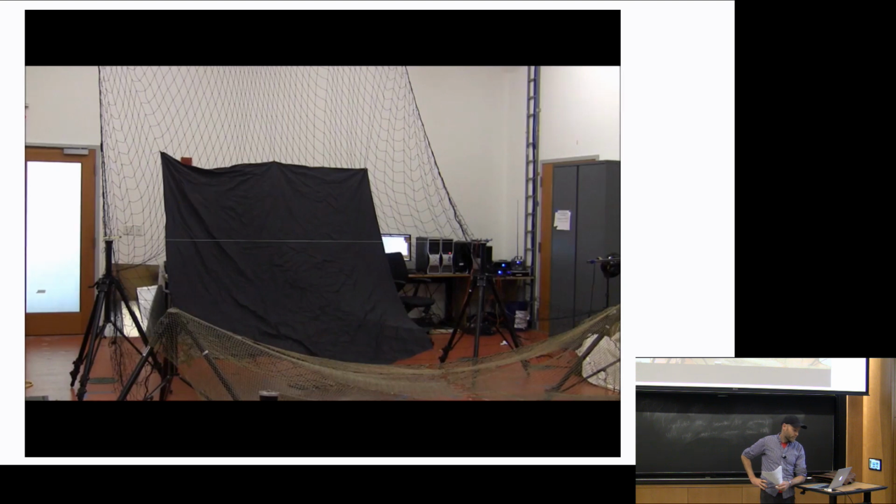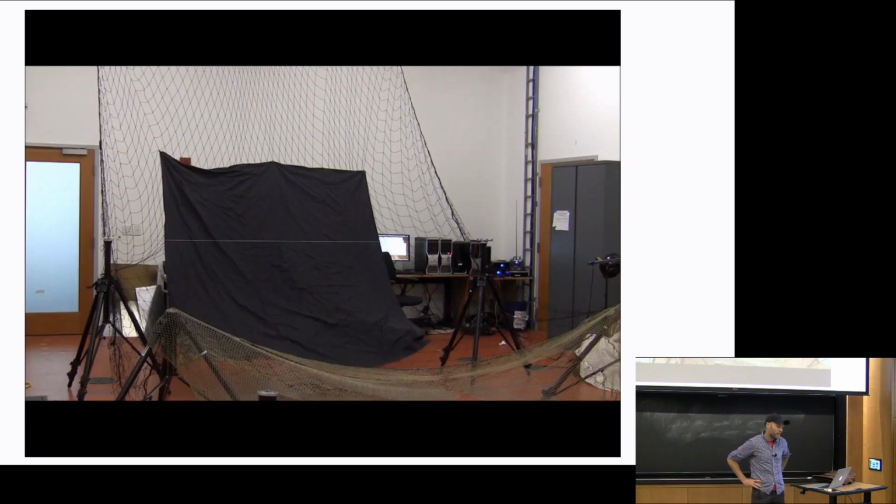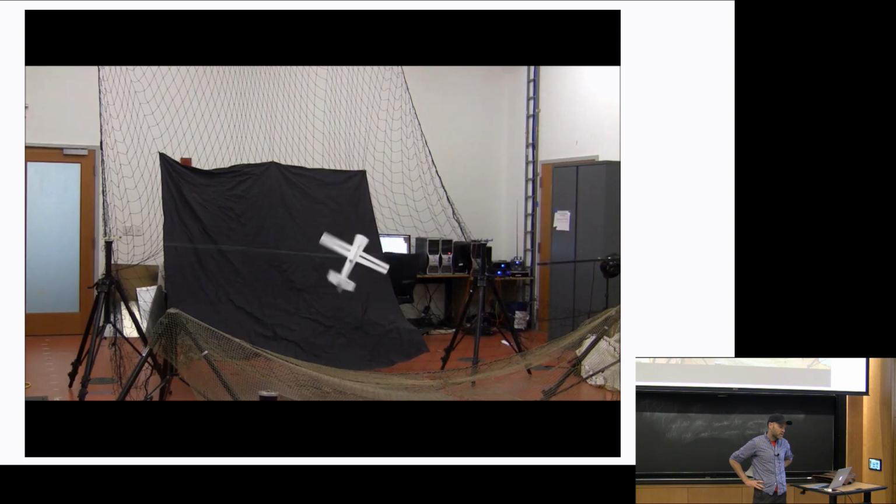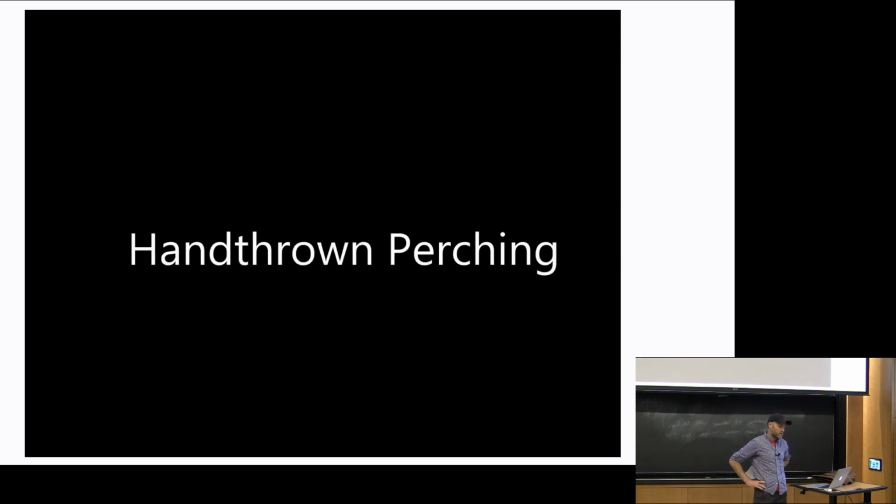To test our approach, we first launch the glider from a wide range of initial speeds and demonstrate that the controller is able to stabilize this large set of initial conditions. Finally, we demonstrate the robustness of our system by throwing the glider by hand. Our results demonstrate that the LQR tree approach can achieve incredible robustness to initial condition variations.